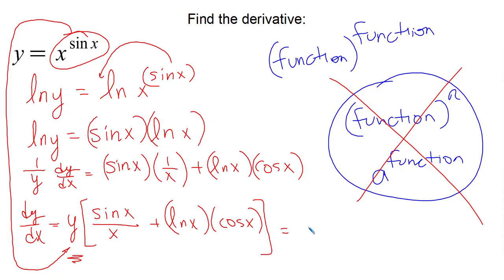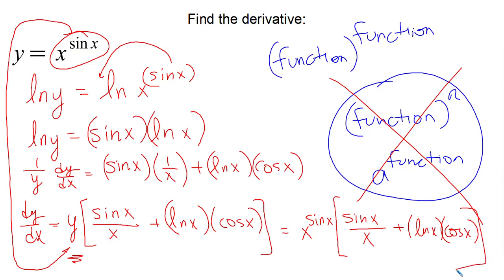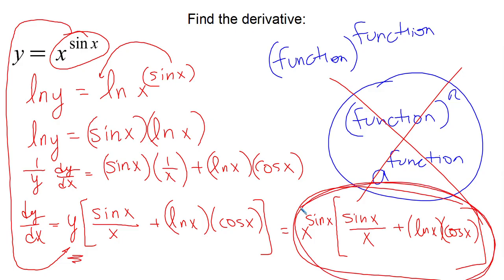So our final answer here should be x to the power of sine x times sine x over x plus natural log x times cosine x. And that should be our first solution to problem number 1. And again, it's logarithmic differentiation because we start off by taking the log of both sides and then differentiating implicitly.